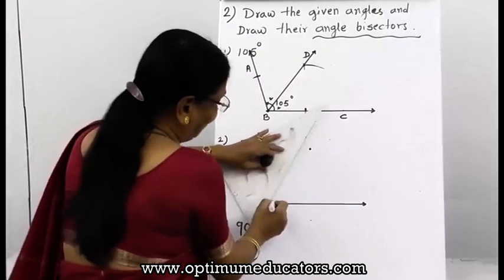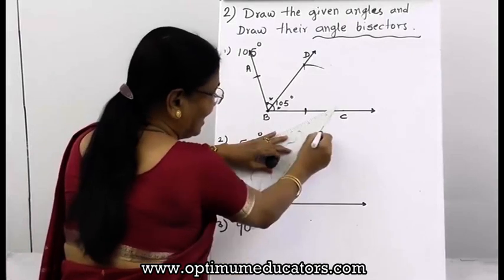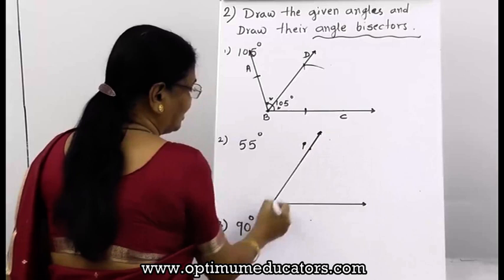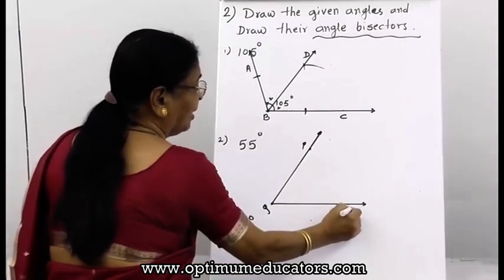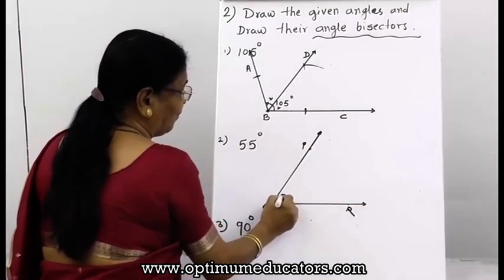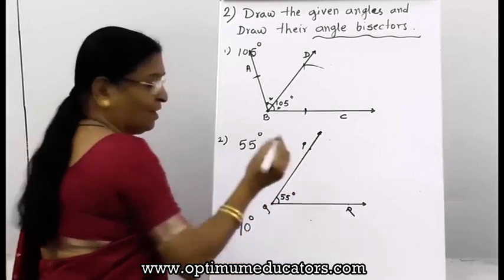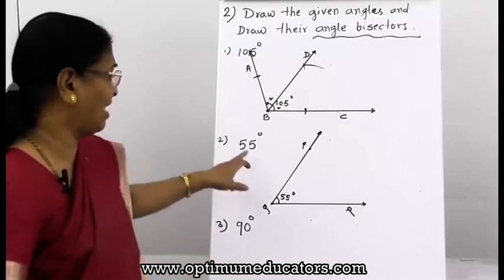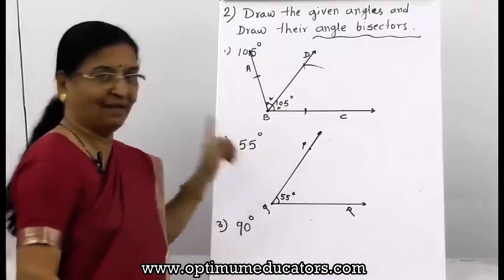So after joining this, you will get one line, and suppose this angle is PQR and the measure of this is 55 degrees. You have to write the measure also because you have drawn the angle with the given number.